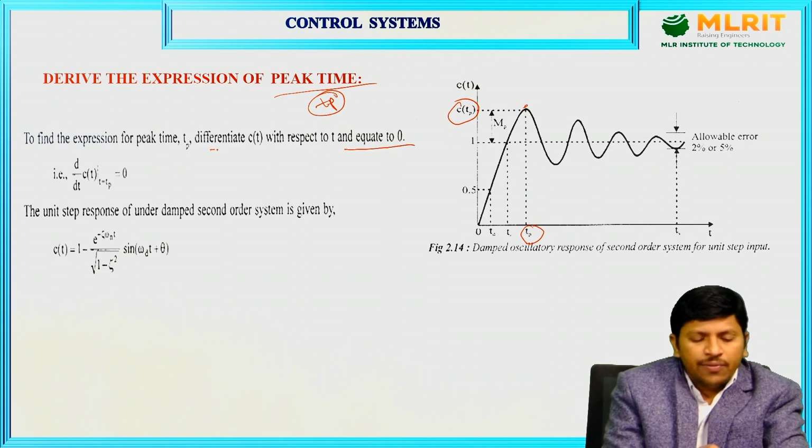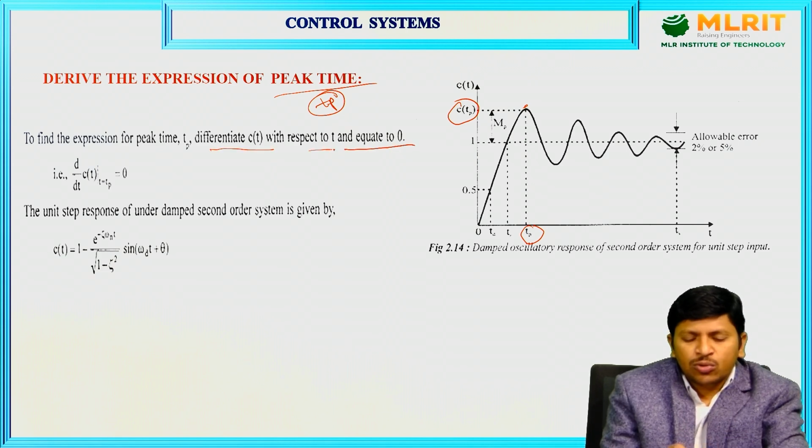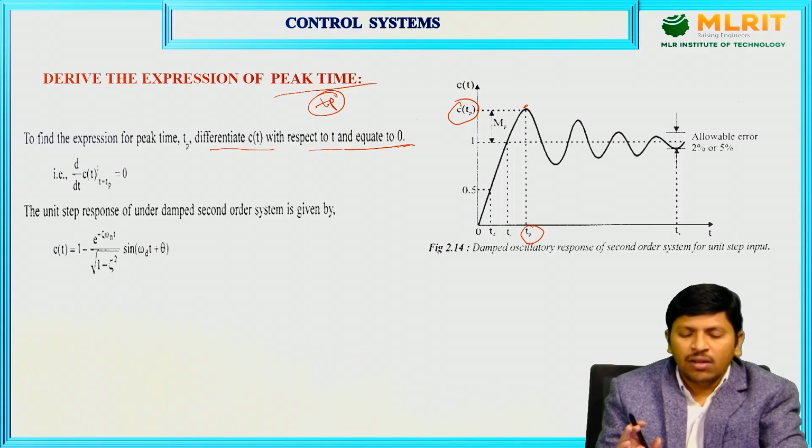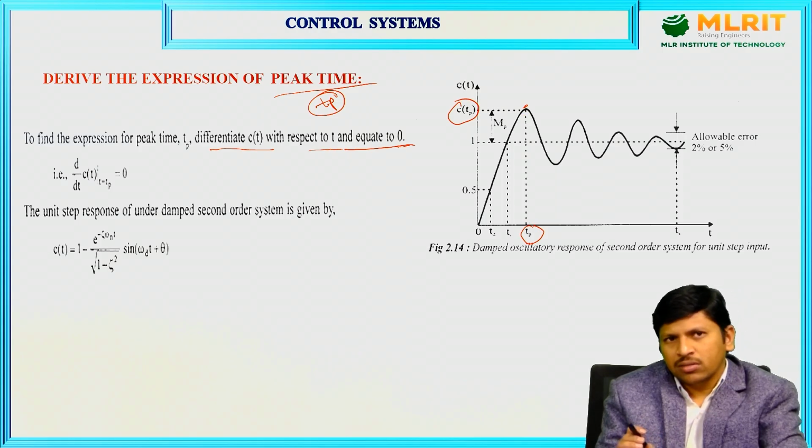Differentiating c of t with respect to t and equating to 0 gives any peak value. So for the peak of this response, we differentiate that response, then only we will get the peak value of that response.